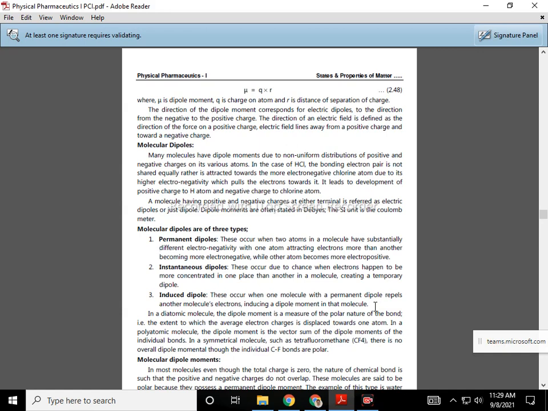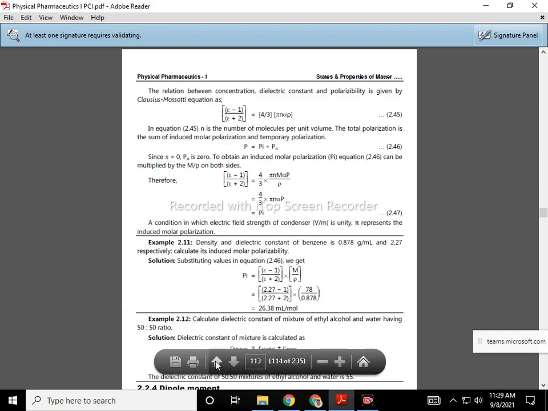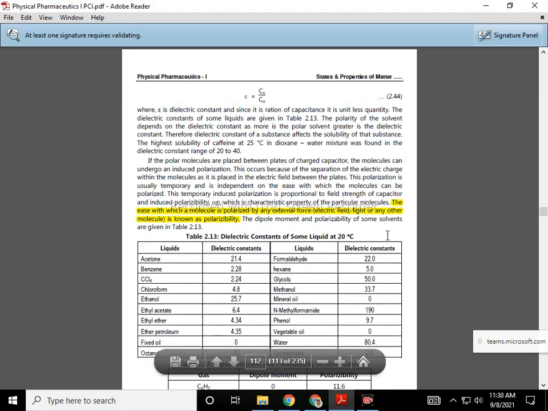Now we are shifting ourselves towards dielectric constant. I already told that dielectric constant is a measurable tool, as you can see from this table.